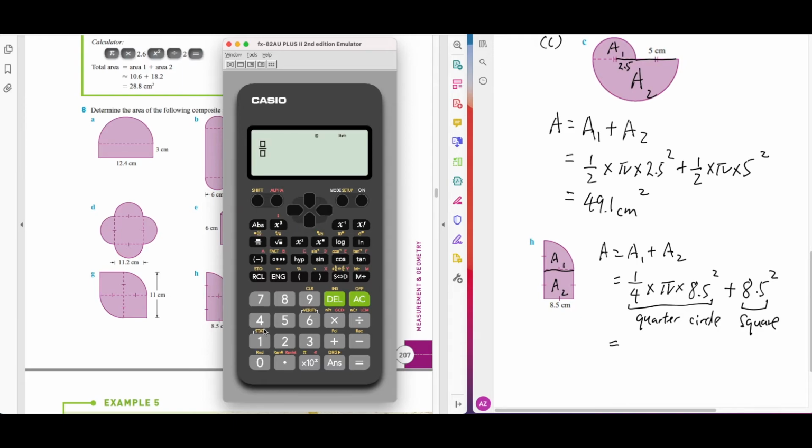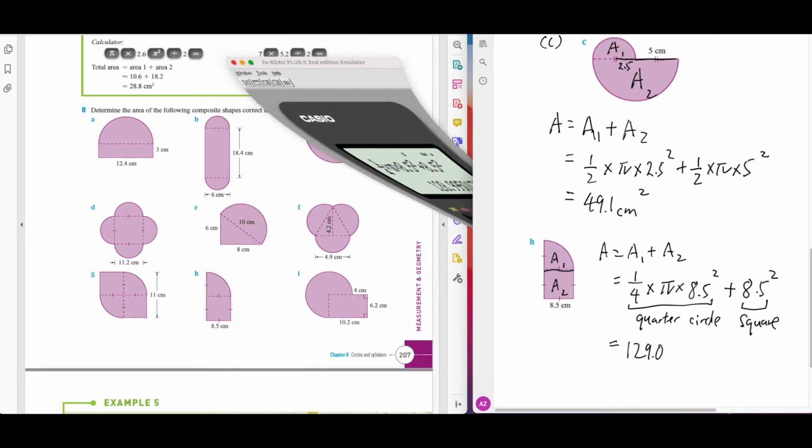So you have 1/4 times pi times 8.5 squared plus 8.5 squared. You get 128.something. Okay, so to round this to 1 decimal place, you got to do 129.0, right? So 129.0. And the units should be centimeters squared.